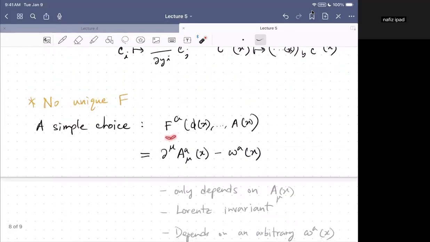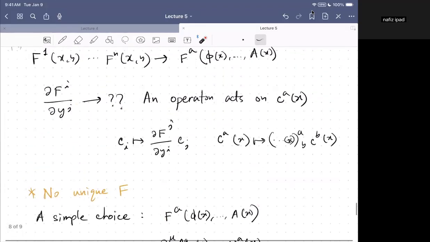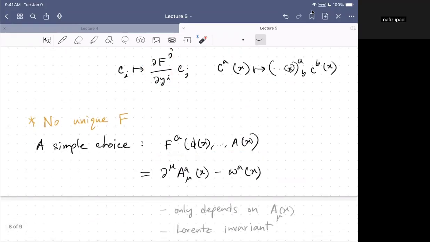Now, since we have chosen an f, we should be able to explicitly compute this operator. So let's try to figure out what that is. By definition, this operator is a derivative of the gauge fixing function f with respect to the redundant coordinates, right?